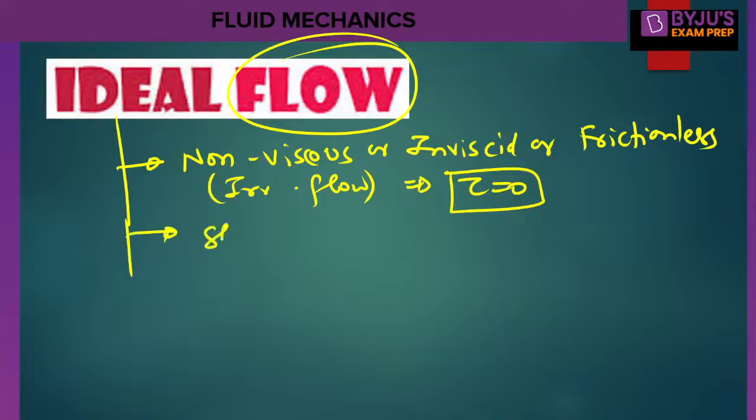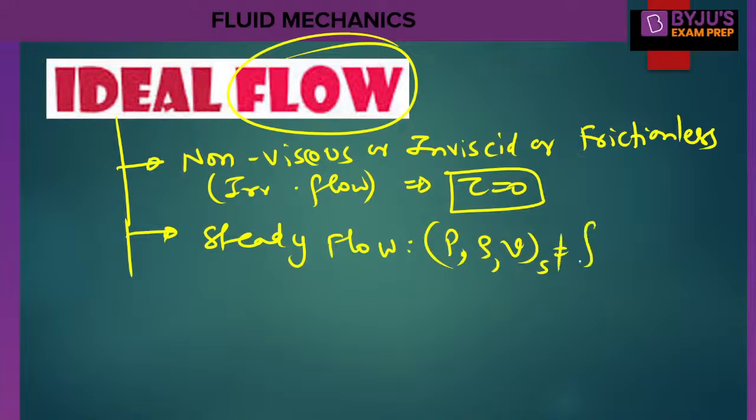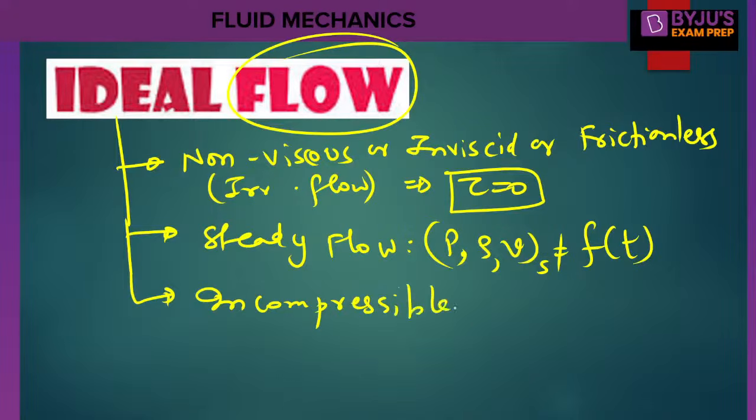The second condition is the flow must be steady. What is steady flow? Pressure, density, velocity at a particular section independent of time, and the flow must be incompressible. That makes the flow to be ideal flow.